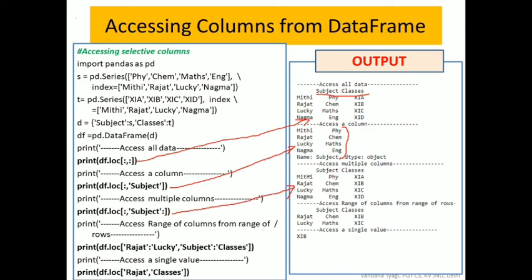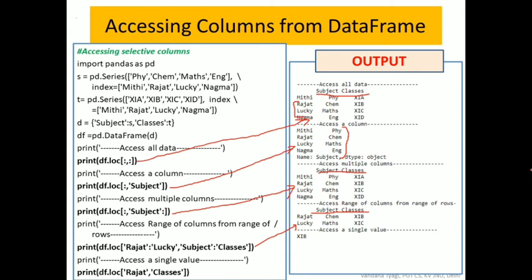It is displaying me subject as well as classes, both the columns for all the rows. Then here extracting some of the rows, some of the columns means Rajat and Lucky's record. So Rajat and Lucky's record means these 2, and subject to classes means again we are having this data. So if you find, this is the output for Rajat, Lucky, and both subject and classes are being shown for Rajat and Lucky.